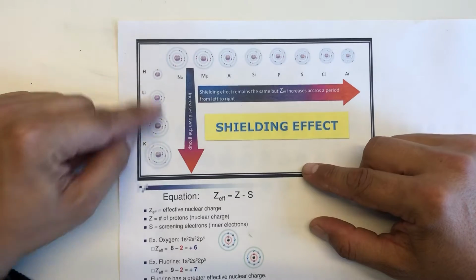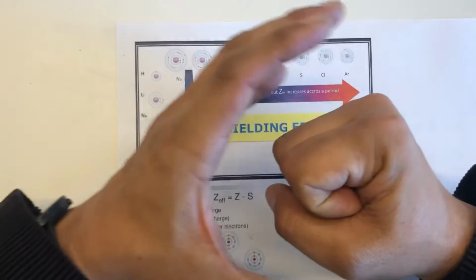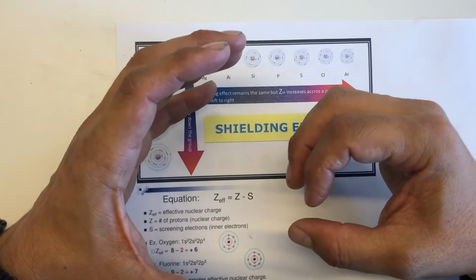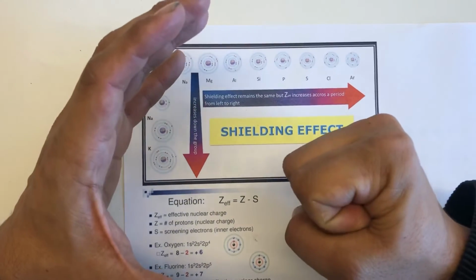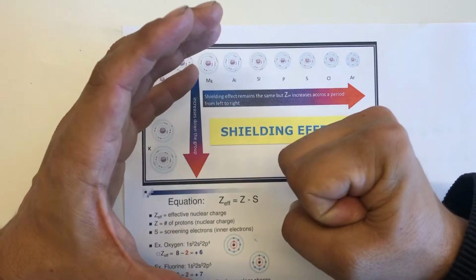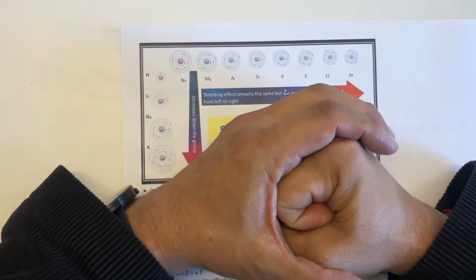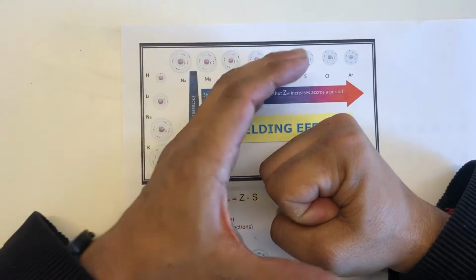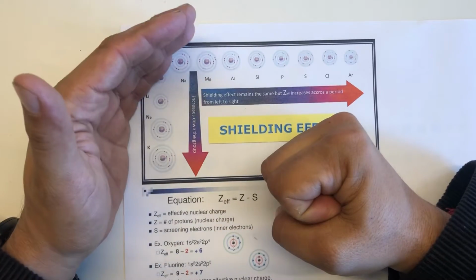It's a pretty good model to think about shielding with. So as you go down, the electrons get further away, and the attraction between the positive nucleus and the outer electrons is less for two main reasons. One, it's further away, so it's easier to pull those electrons off. And two, there are all these other electrons in between that are blocking the positive nucleus from the outer negative electrons.